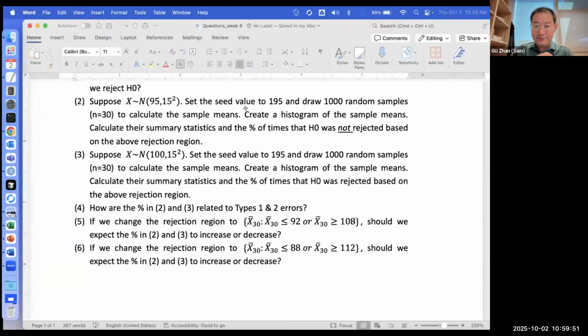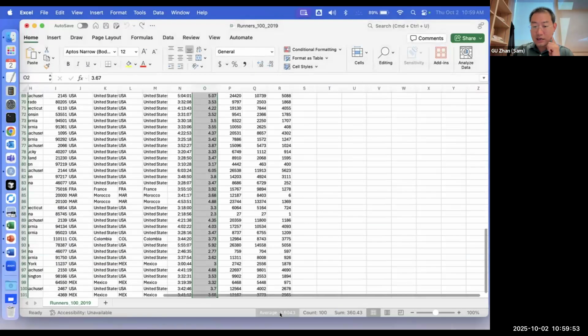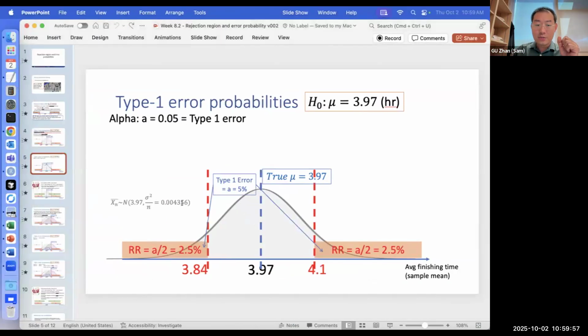So look at that. The sample mean calculated based on these 100 runners is 3.6. It will be here, lower than 3.84, on the left side rejection zone, and we have sufficient evidence to reject the null hypothesis.